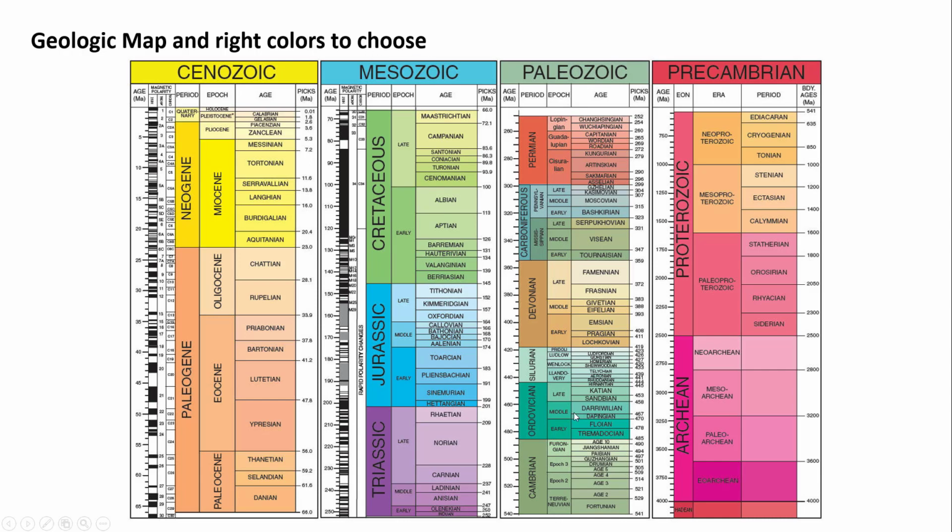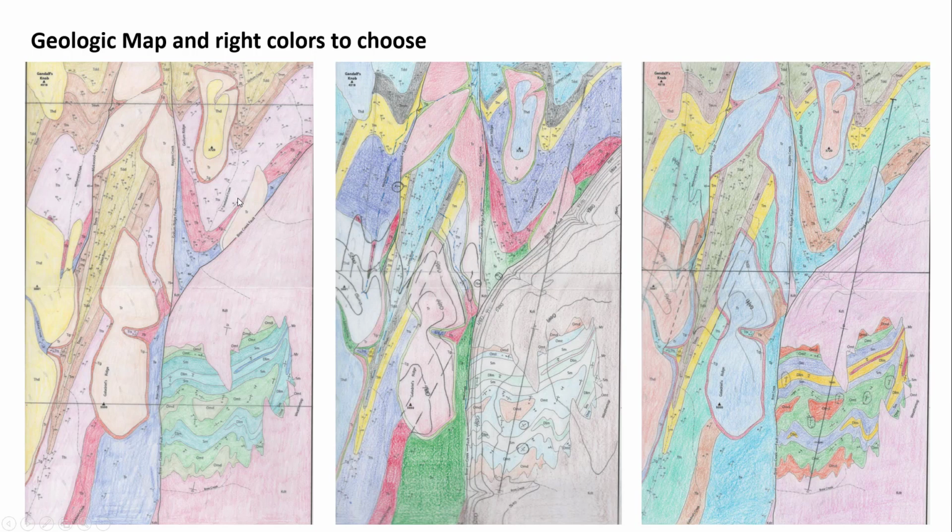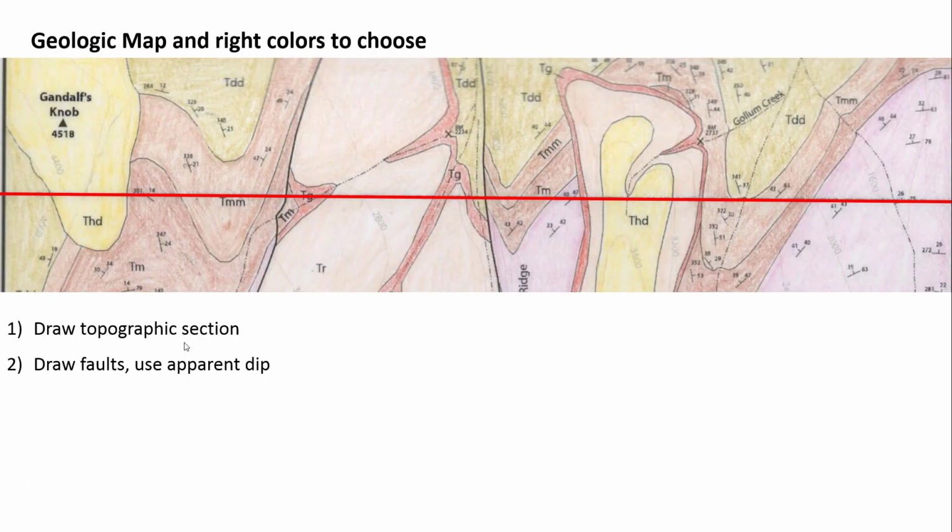And if you are in the dark colors, you are in Paleozoic and Precambrian. So you're going to use the same type of colors in your map. Then not only is it going to give a better look to the map, it will also define the relative time relationship between the units on the map. So first of all, get that one colored.